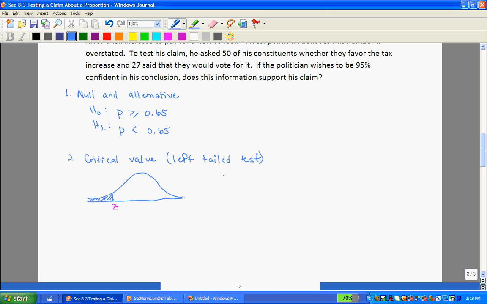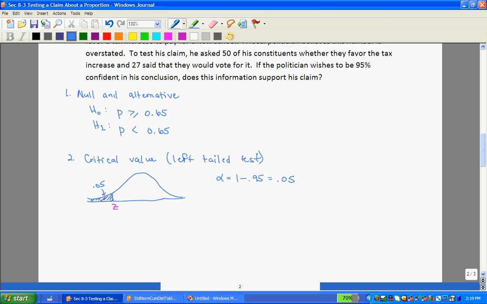Well, that means alpha is 1 minus 0.95, which is 0.05. So 0.05 represents the area here in this left tail. What we're trying to find is the z-score that cuts off and gives us that 5% in the left tail. So this is an inverse normal, if you will.